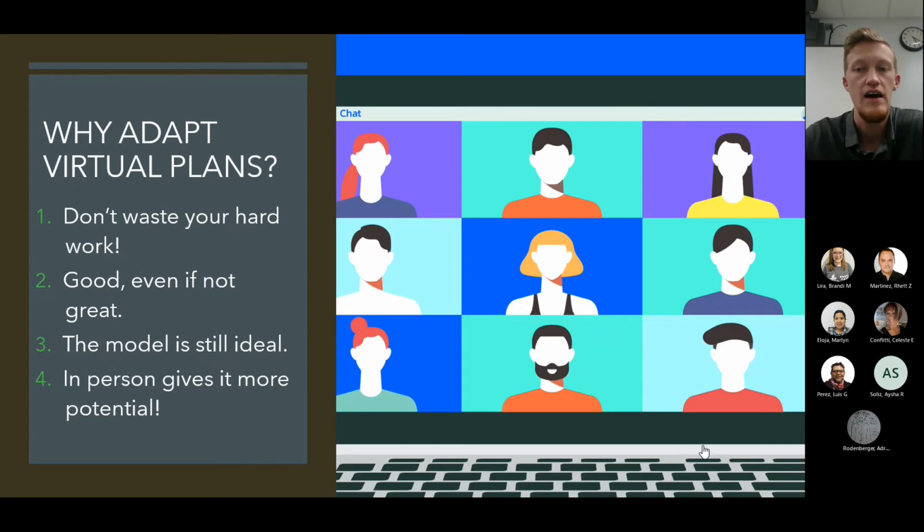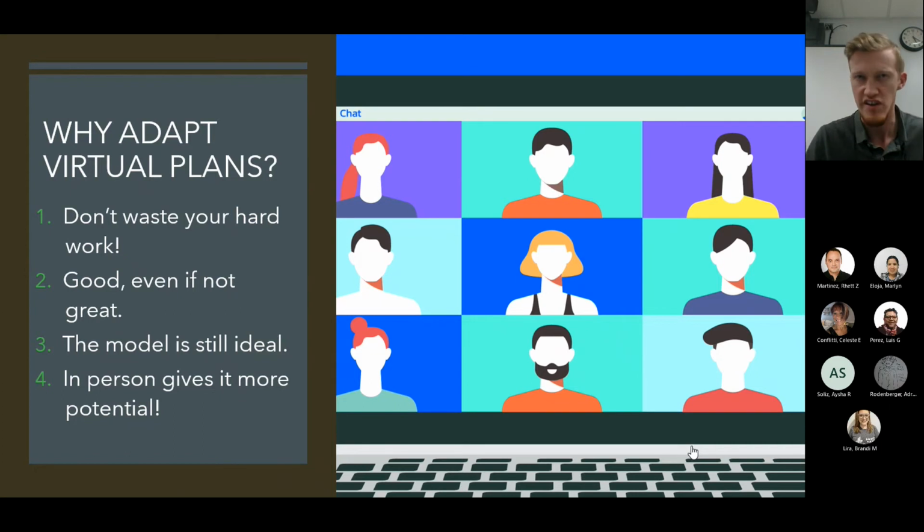And the model of synchronous and asynchronous still works in person, just maybe not thinking about it as virtual. Synchronous means an all-class lesson, whether it's lecture or presentations of some sort, and then students actually apply the learning or the content however best fits for you. And in person gives us a lot more potential with those lesson plans than virtual did.